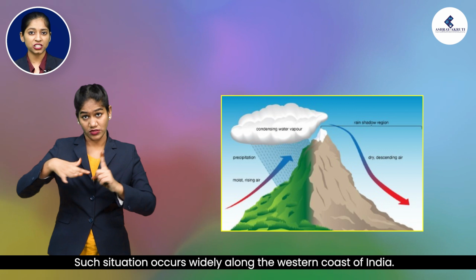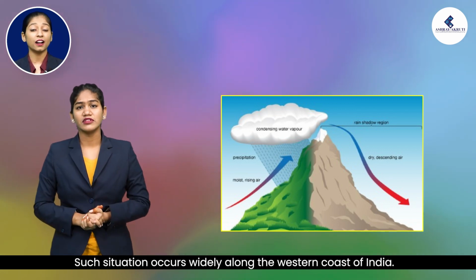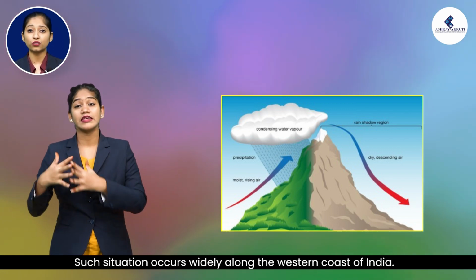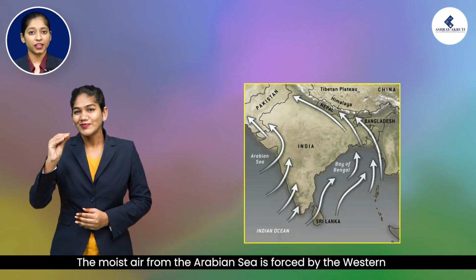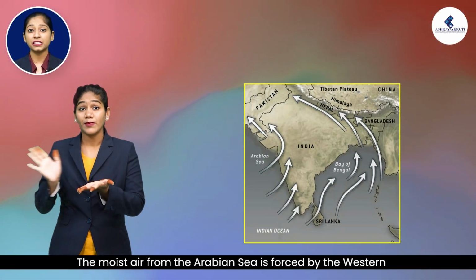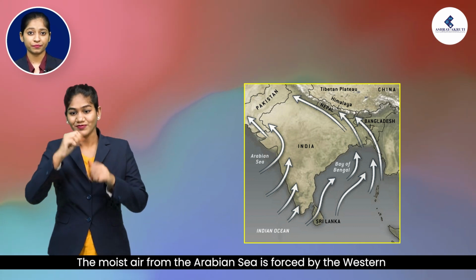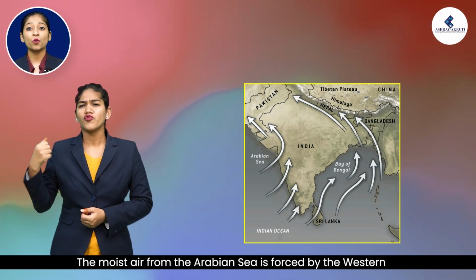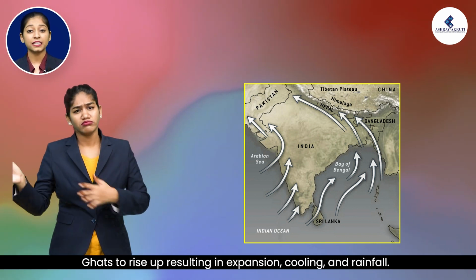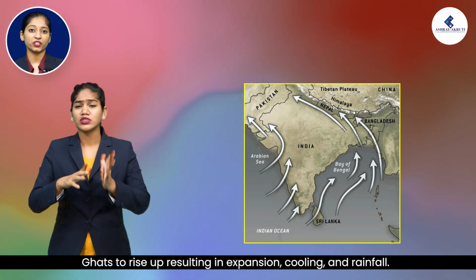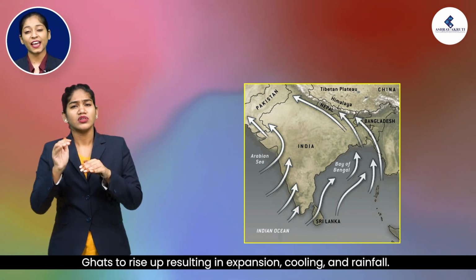Such situations occur widely along the western coast of India. The moist air from the Arabian Sea is forced by the Western Ghats to rise up, resulting in expansion, cooling, and rainfall.